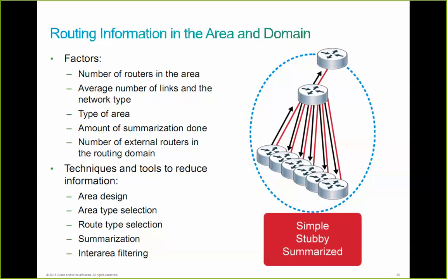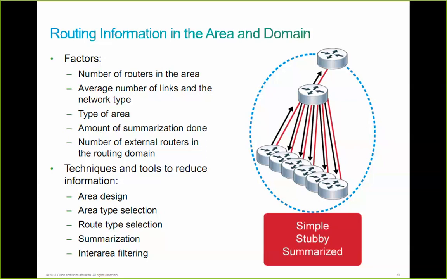Inter-area routes, which are summary routes, and costs that are advertised into an area by each ABR provide information about links in other areas. But if you, for example, configure an area as totally stubby, not only do the type 5 routes get filtered out of the area, but in a totally stubby area, the type 3s are filtered out of the area as well.